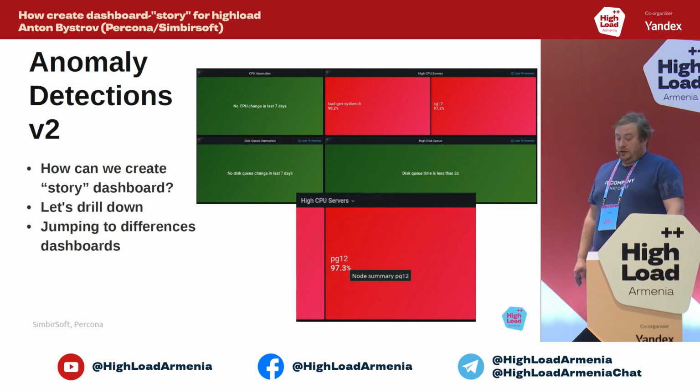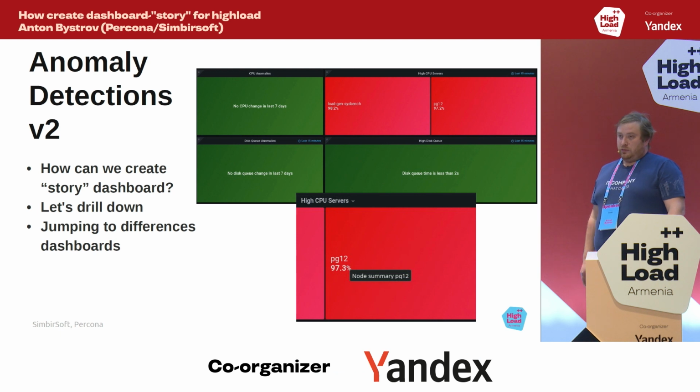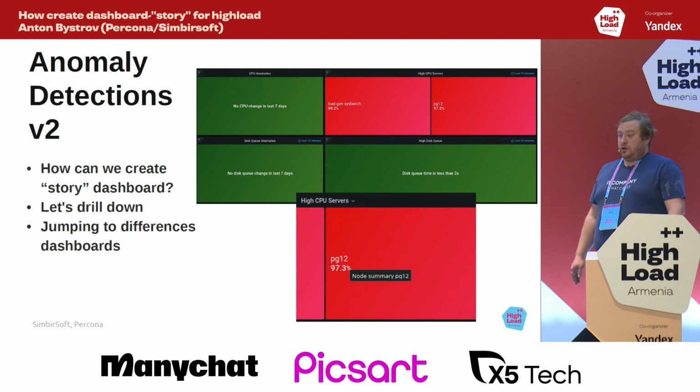And you can click with your mouse on this panel, and you can drill down to another dashboard. For CPU it is not a summary; for memory it is a specific dashboard for memory, and you can understand what happened in your system at the bottom layer and at a more detailed level.